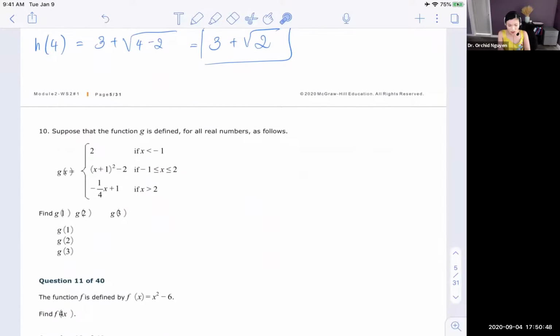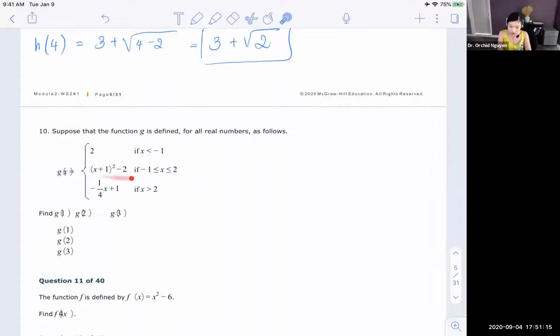Now, I do want to go over the piecewise function, because for the piecewise function, you have to look at the interval. Each interval is defined like that. So if I ask you, what is g of 1? You have to locate where 1 is. So 1 is right here, in between negative 1 and 2.